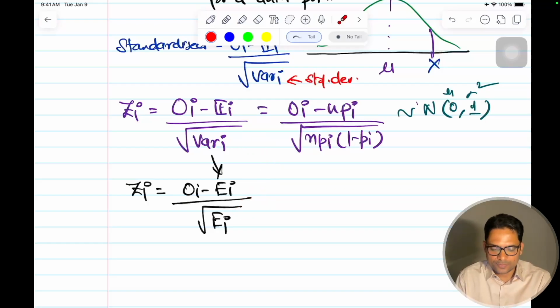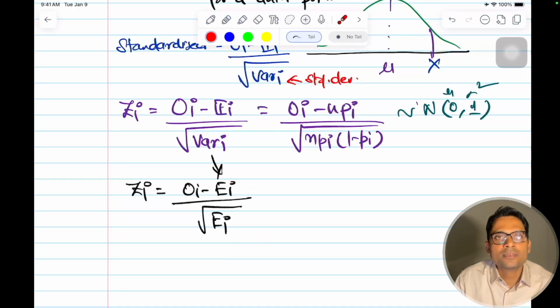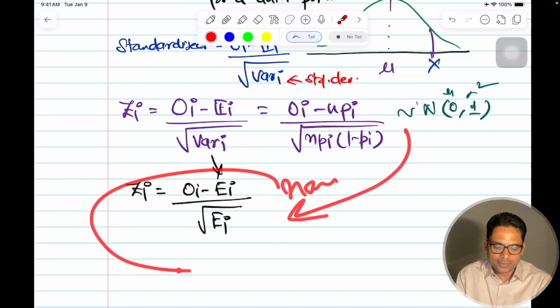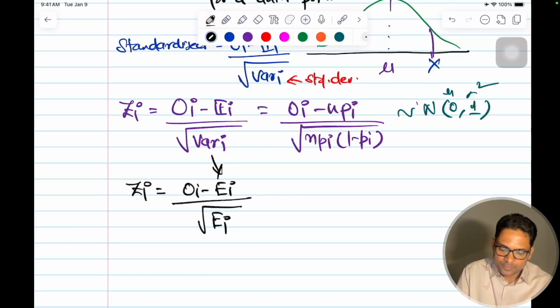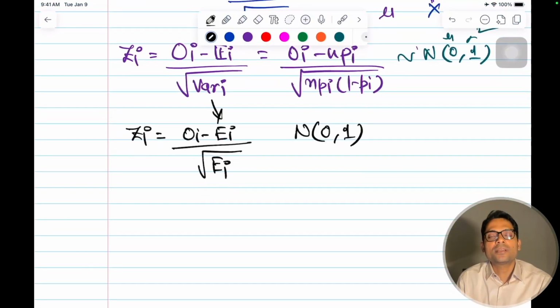So let's assume that instead of variance, he just put the expected value Ei here. Now my Zi becomes this for the multinomial distribution, which is approximated as a normal distribution, and from there we standardize it. This standard normal distribution is now the basis of your chi-square test statistic.